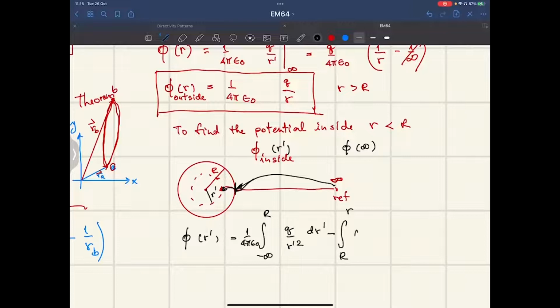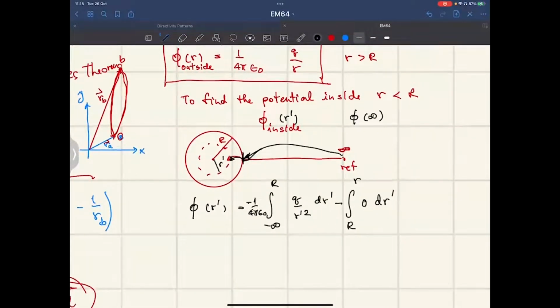And the electric field inside is 0 here, right? So we don't have to worry about the electric field inside. Okay, I forgot the minus sign here. Normally I should write down something like this, from minus infinity to r.